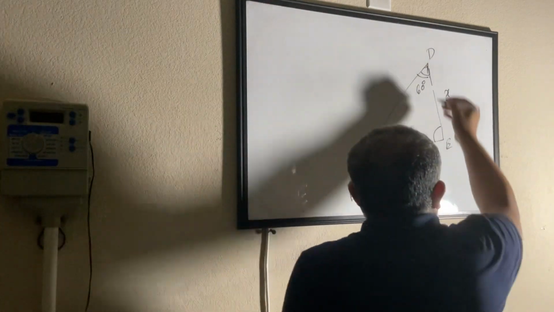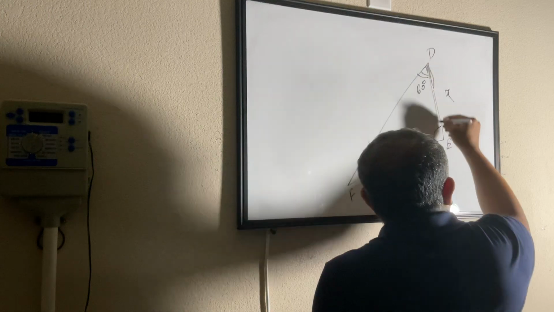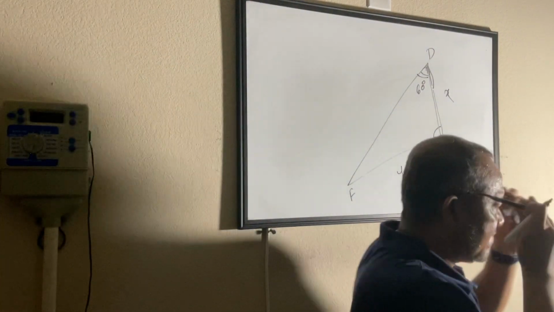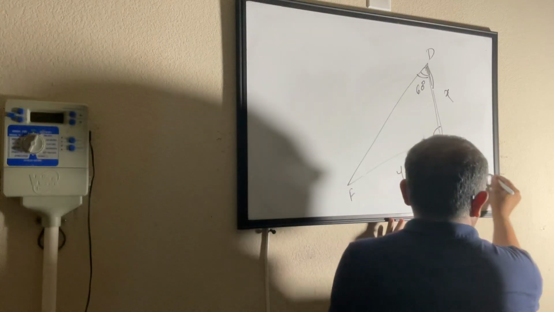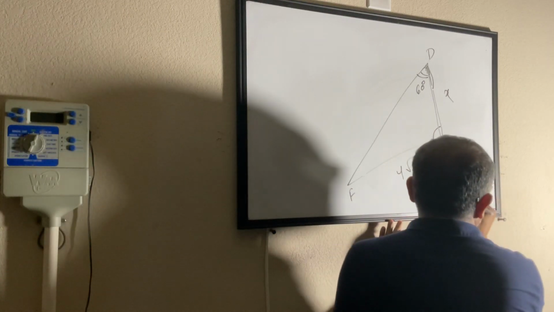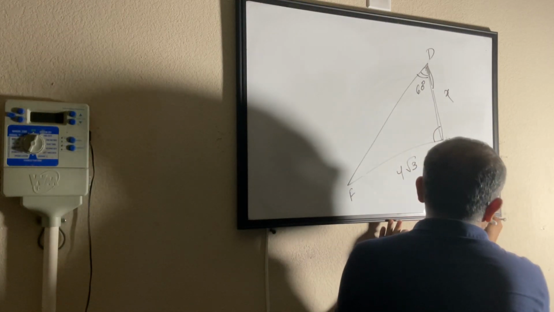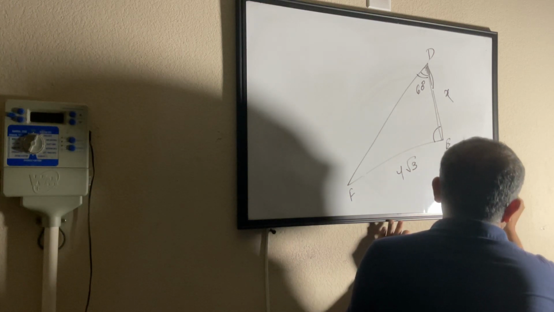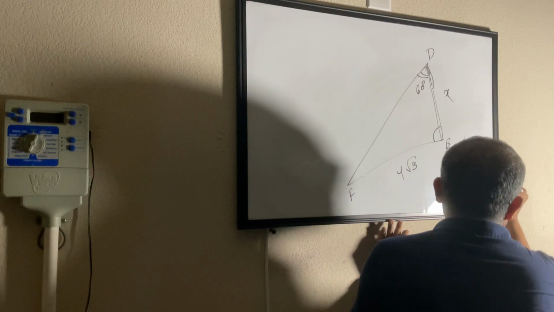See, good thing is this question has this angle as 60 degree, which is one of the common angles that we filled our table with, right? Remember the table I asked you guys to take a picture in your mind? 0, 30, 45, 60 and 90.